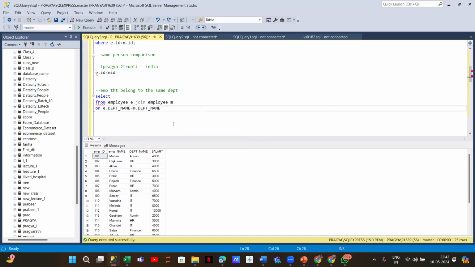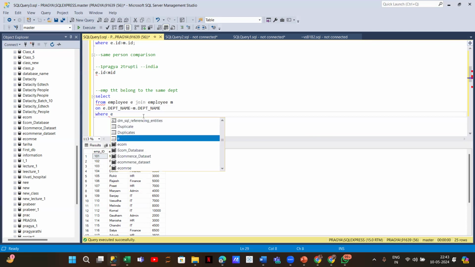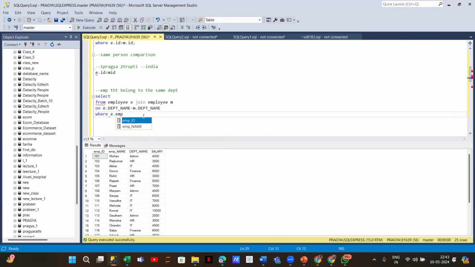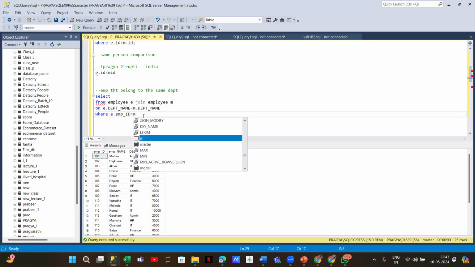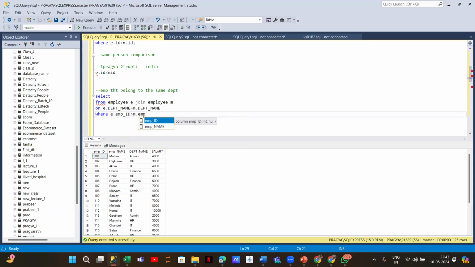Just by using a where condition: where my E dot employee ID is greater than my M dot employee ID. It doesn't matter where you put the arrow, this sign. And now I want names of the employees. So E dot employee name and then M dot employee name.